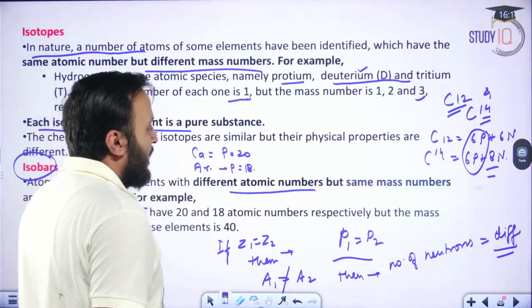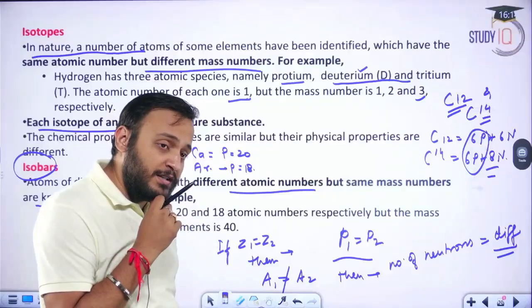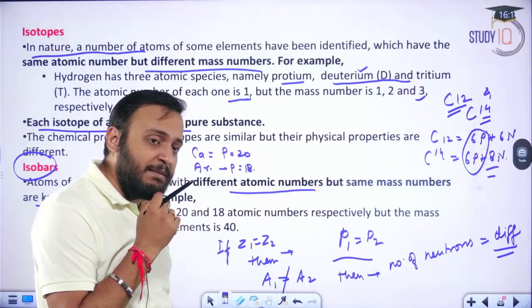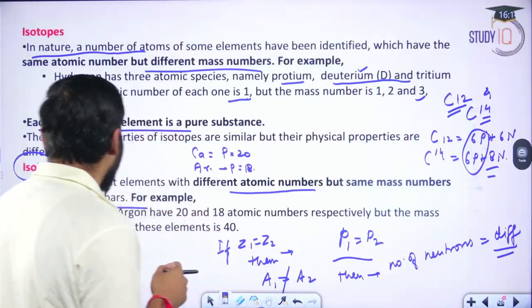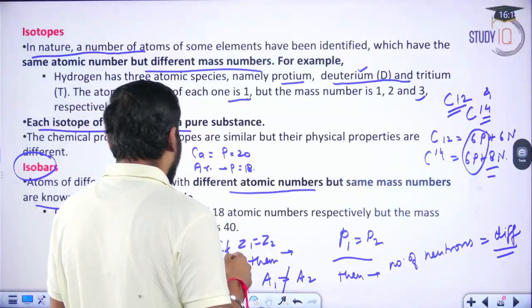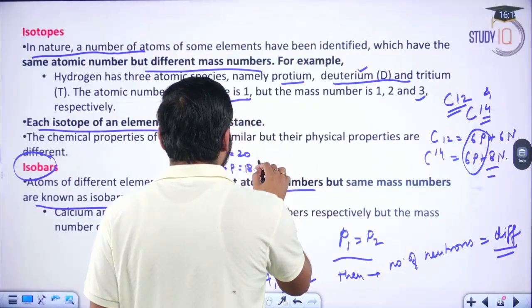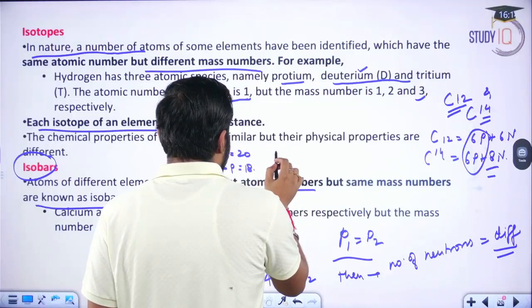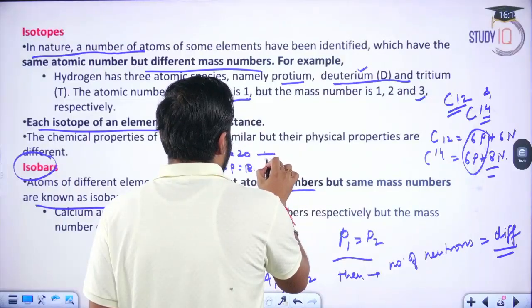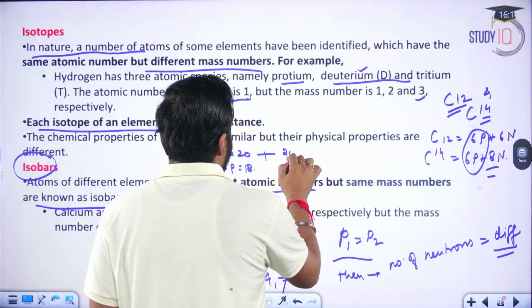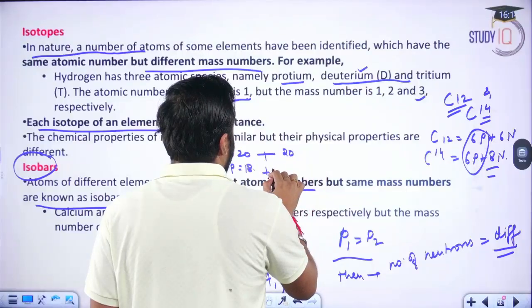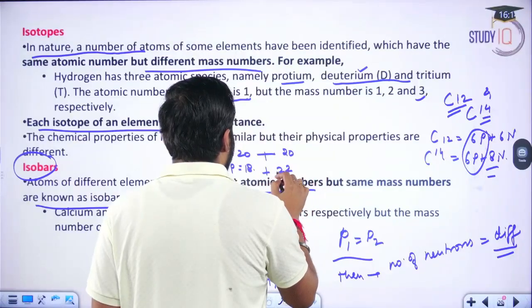Okay, but if you want them to have the same mass number, then what will be required, my dear? Suppose 20 plus 22.